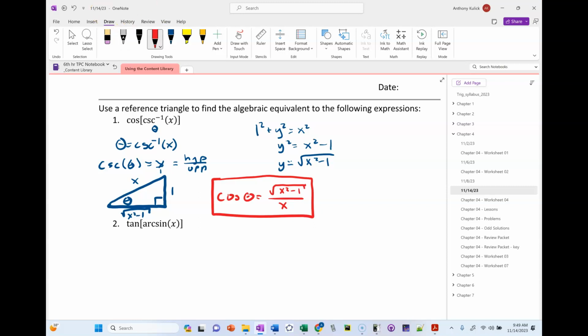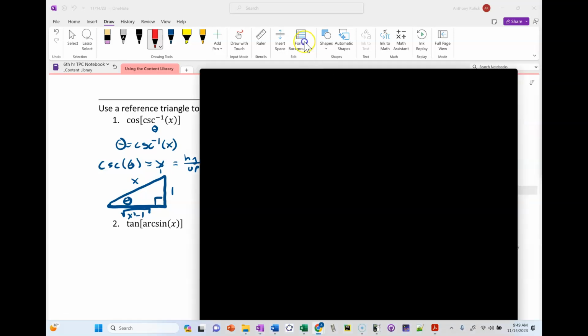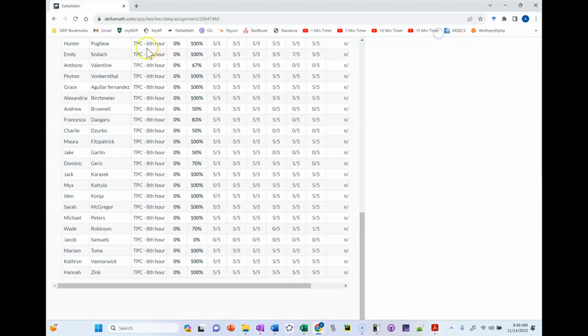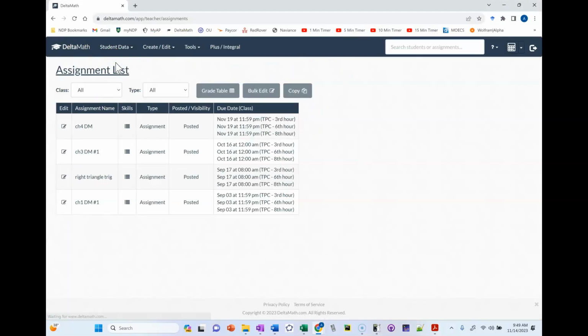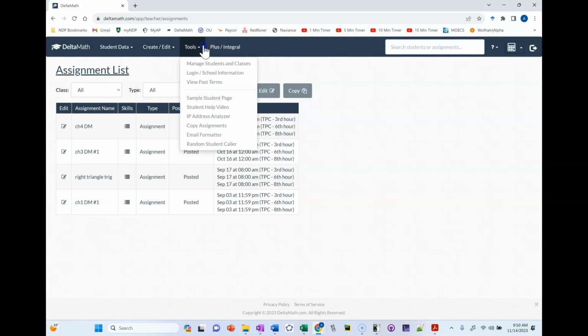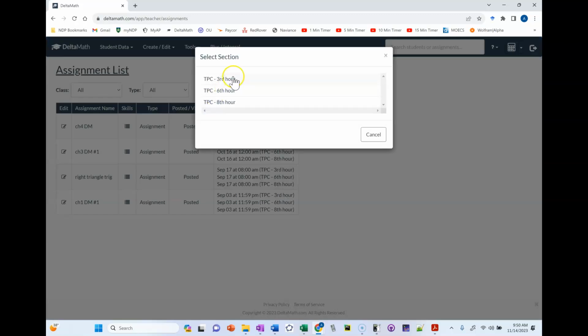In addition to worksheet 4, I have a Delta Math assignment for you. So let's take a look at that. I've titled this Chapter 4 Delta Math. There we go.